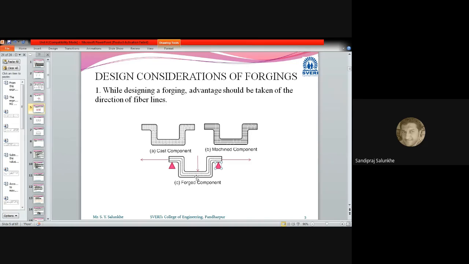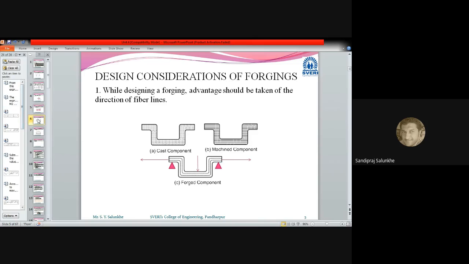But what bending is, basically it is tensile and compressive, right? So tensile stress will be sustained, compressive stress also will be sustained. Okay. So these advantages we have to take at the time of designing only.